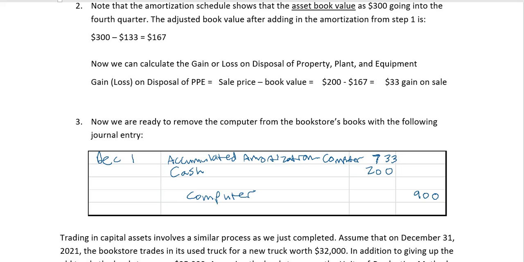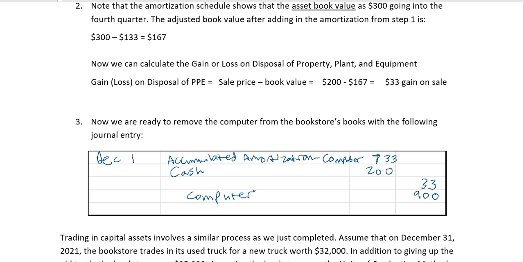So this is what I meant when you want to calculate your gain or loss on sale. You can just look at the credits and debits and see which one's missing. So we have 900 as our credits. We have 733 plus 200 as our debits. So that's 933. That gives us the difference of $33, which we'll fill in as a credit.